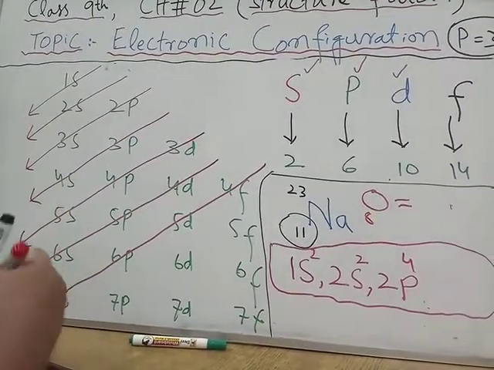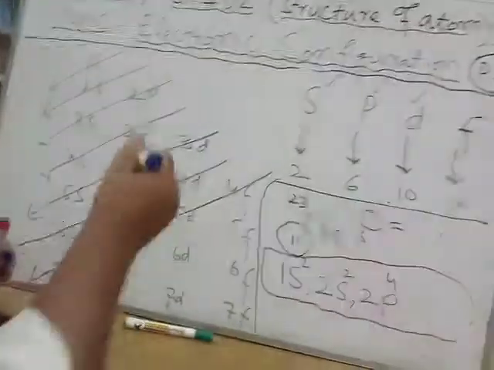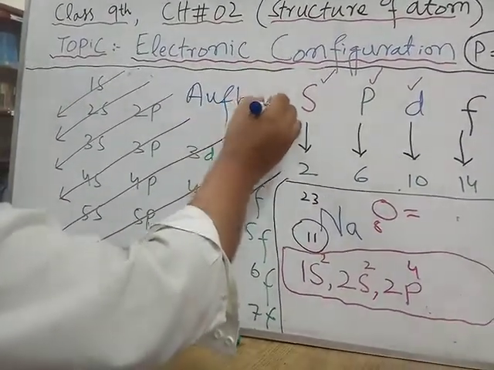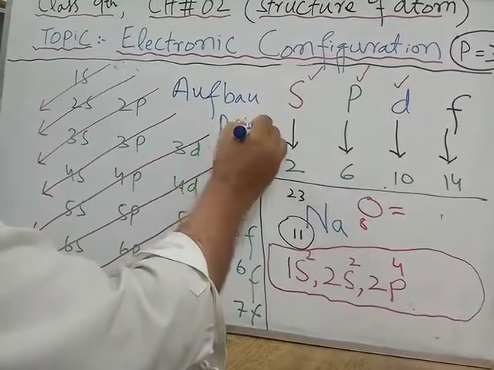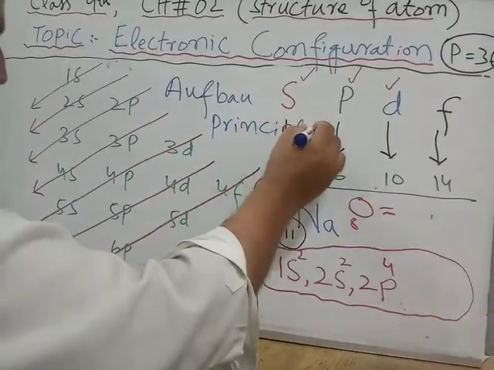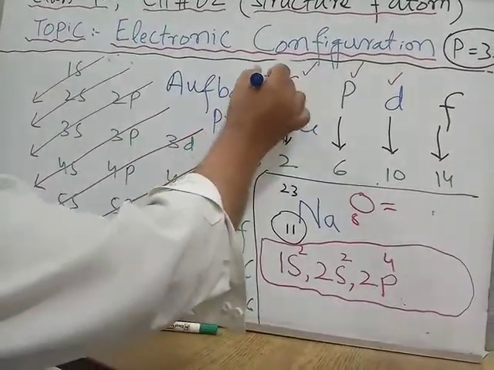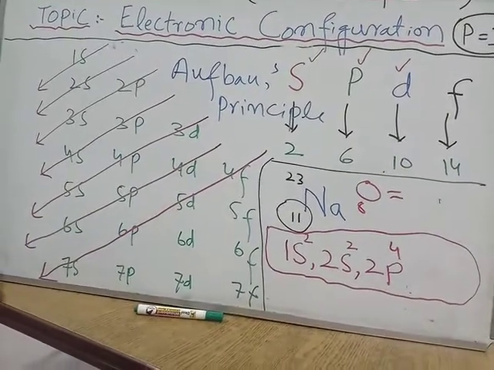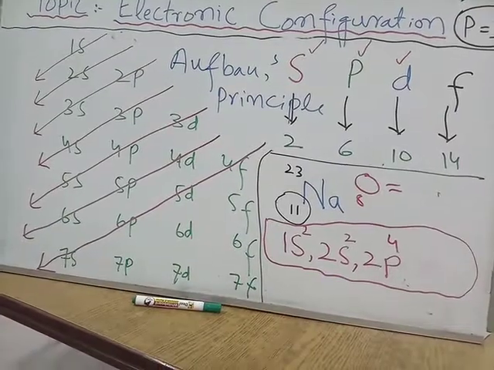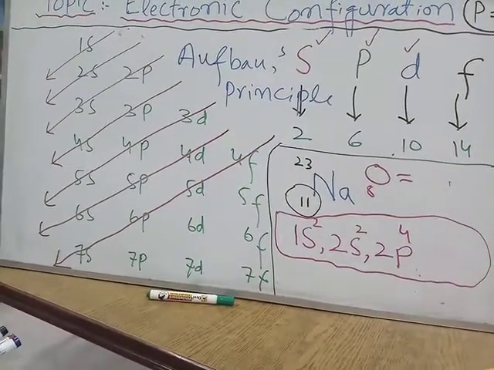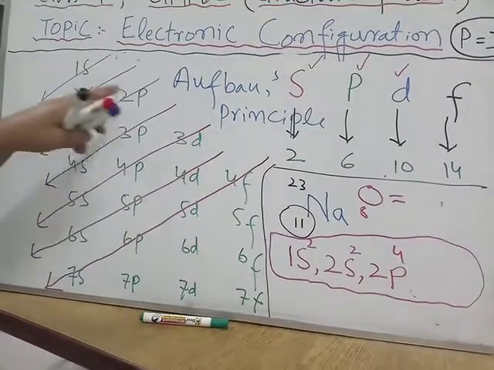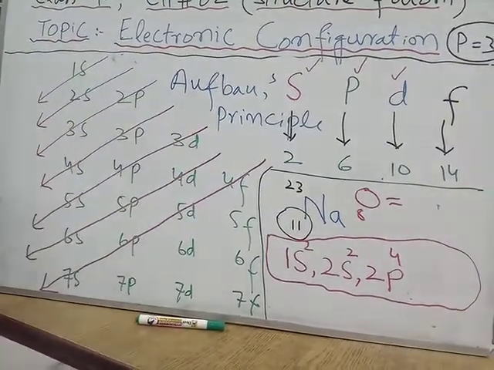This is known as the Aufbau principle. Some people call it Aufbau, some people keep the F silent. Whatever you call it, this is the principle on which I have arranged these subshells.